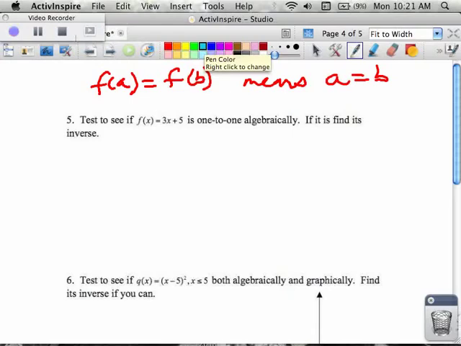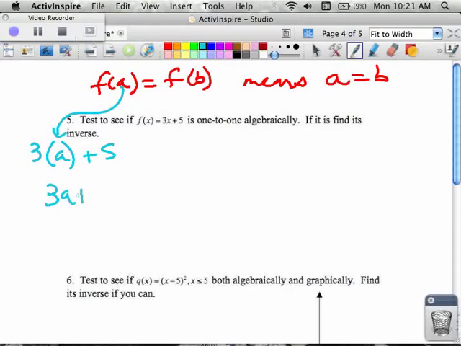Let's look at this 3x plus 5 thing, and let's plug in an A. 3 times A, I'm plugging in the A, plus 5. And that gives me 3A plus 5. Now let's do it for the other one.